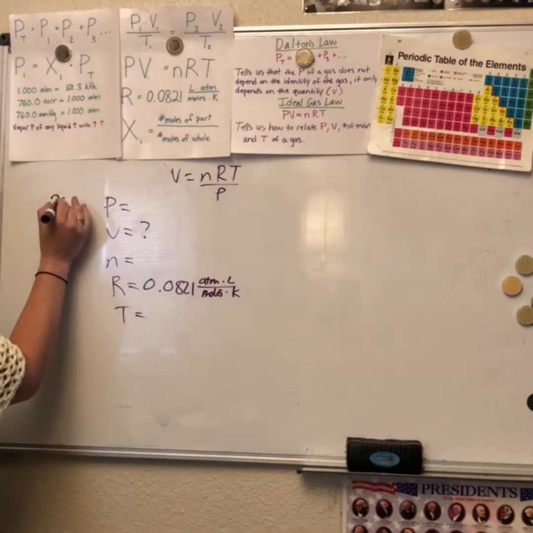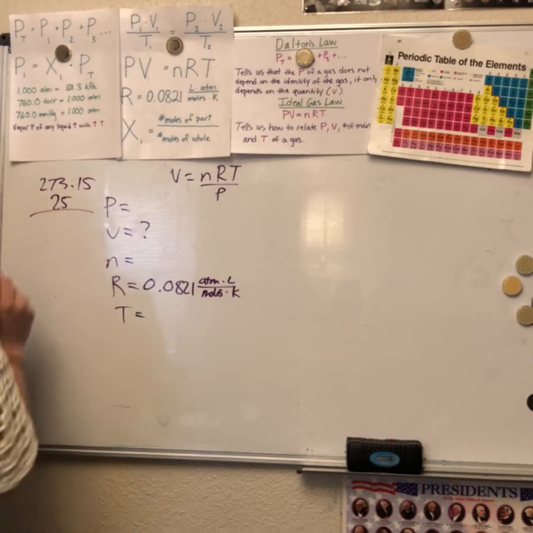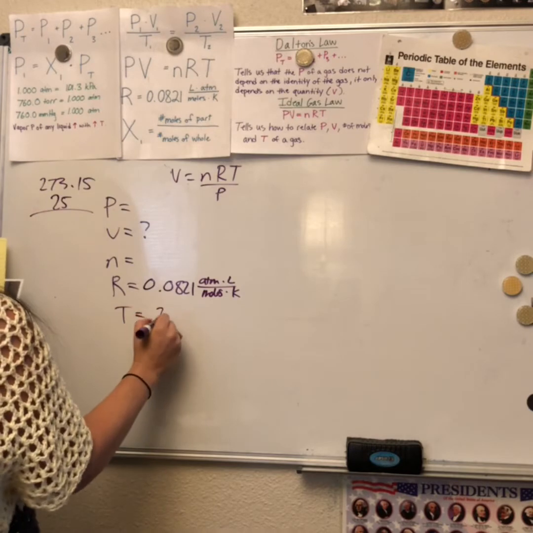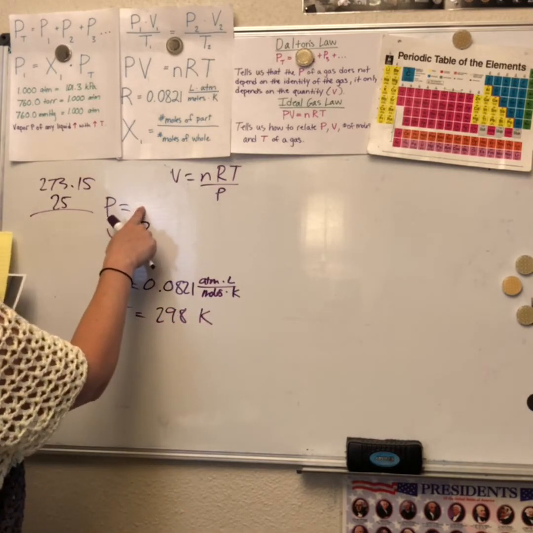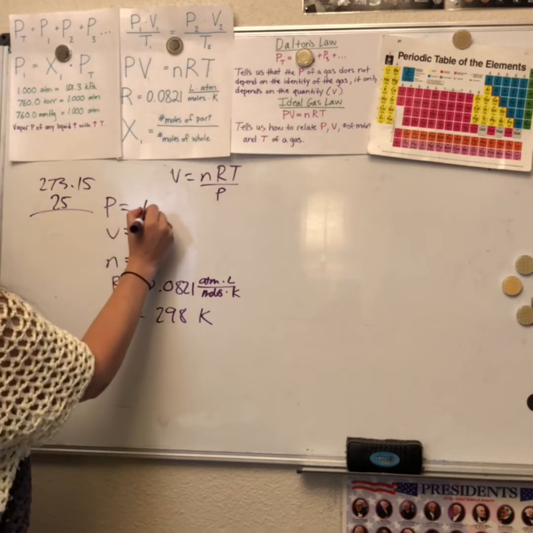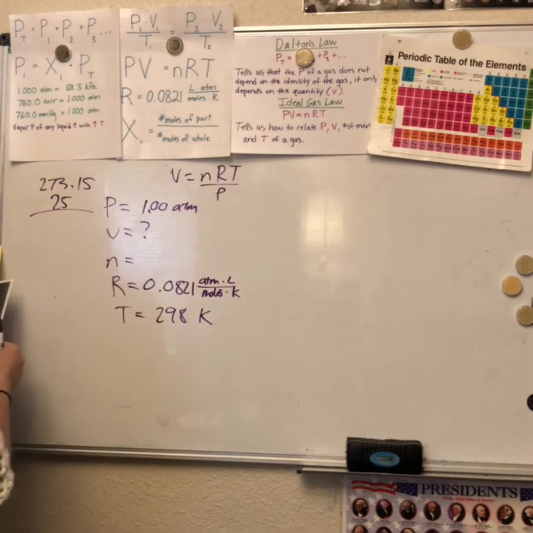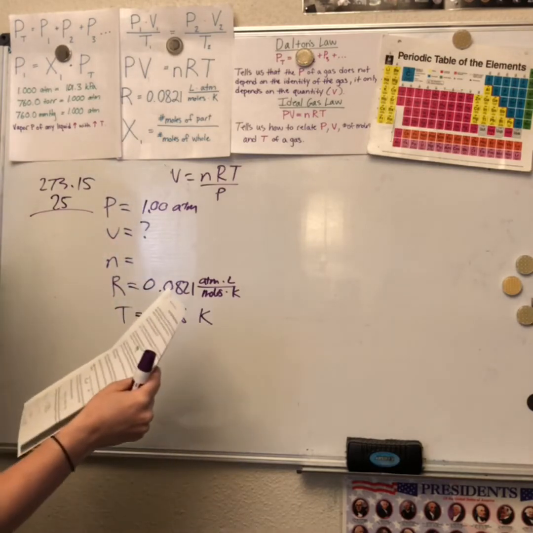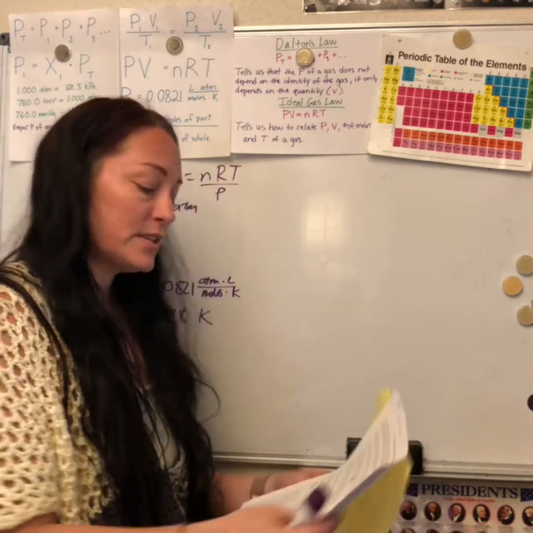We know we can't use Celsius, so I'm going to add 273 to my 25 degrees, and I'm going to end up with 298 Kelvin. For my pressure, they gave us 1 atmosphere. Plug it in. The last thing I'm looking for right here is my moles. Now, if I look here, they didn't give me moles, they gave me grams. That's fine, I can take grams and find moles.